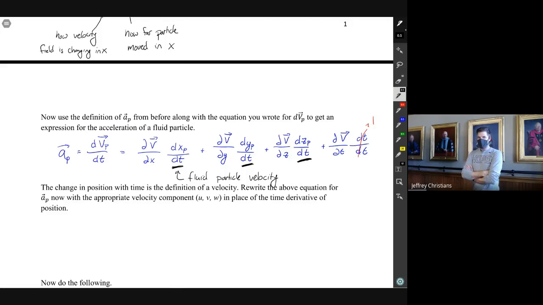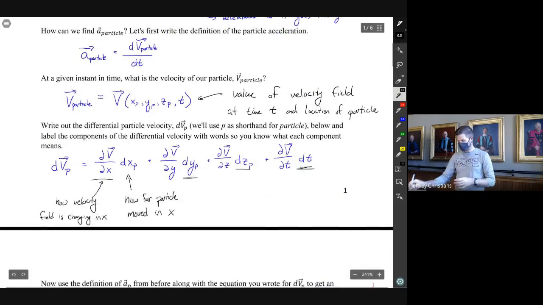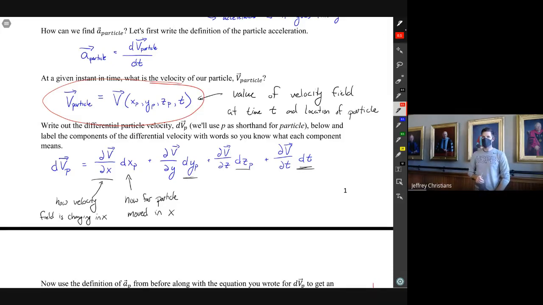But we said that's the same thing as, at a given instant, wherever the particle happens to be in the velocity field. So if I want to know the particle's velocity in the x direction at a given moment in time, that's little u. That's the x component of the velocity field at that location.